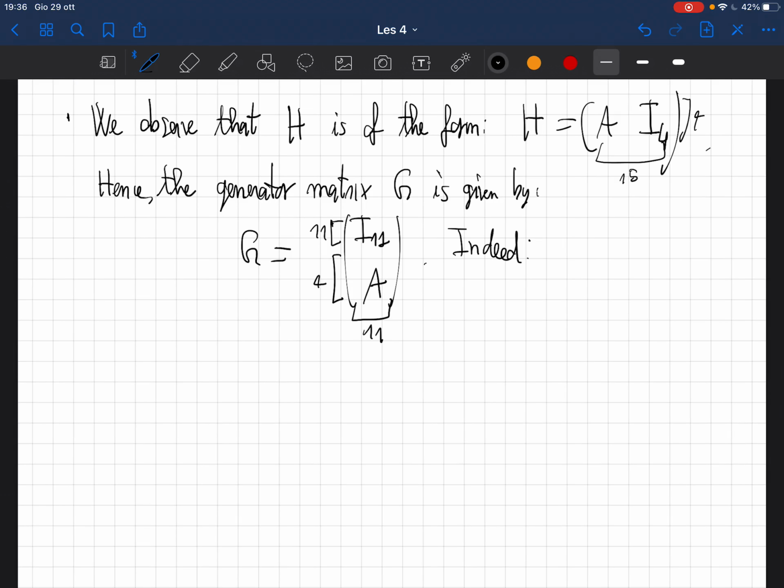Indeed, if you do HG, then you can use block multiplication. I4, I11, which is again, you use block matrices.